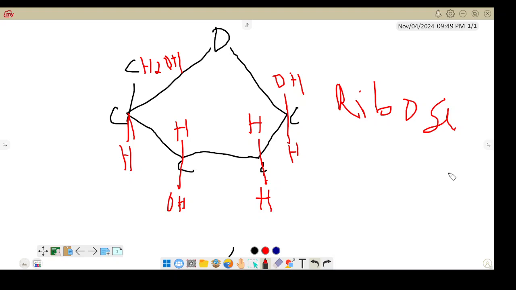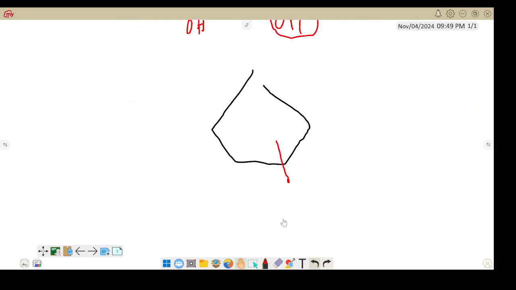So that's the structural difference between a ribose sugar and a deoxyribose. Here we have H. Wow, this is so familiar.